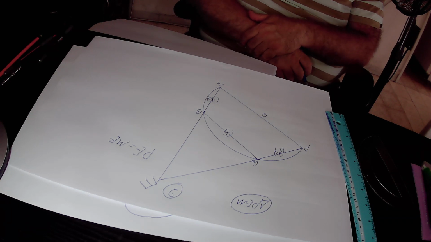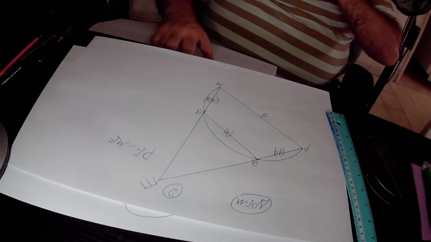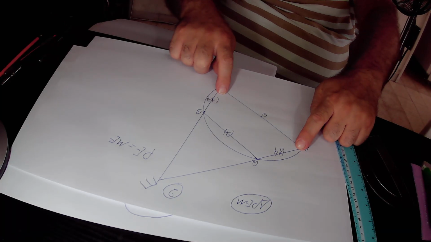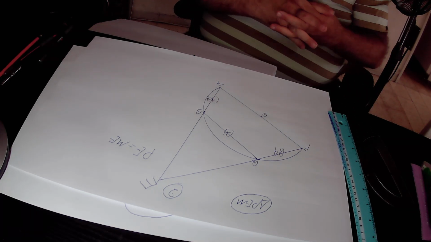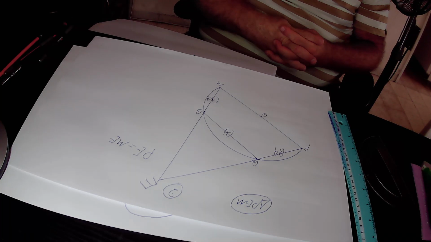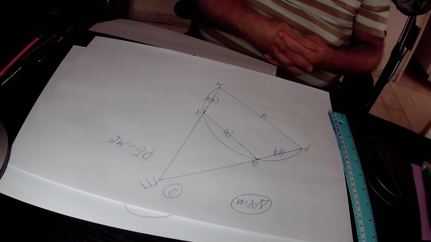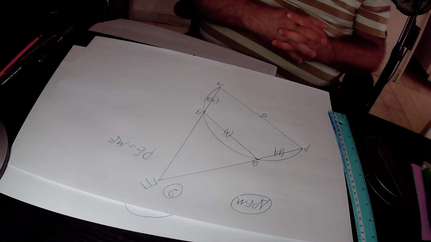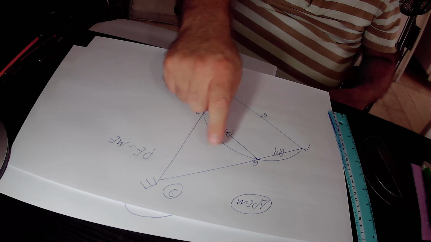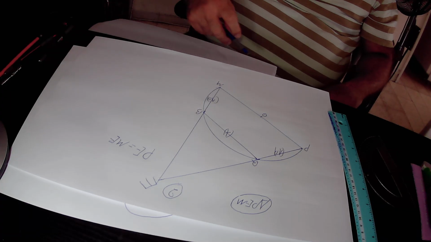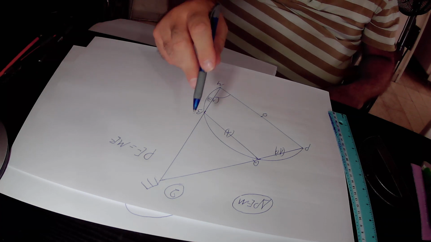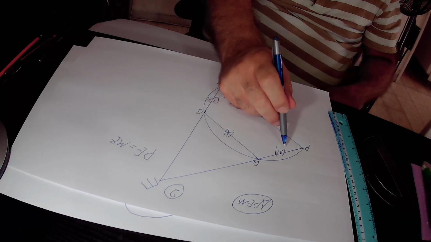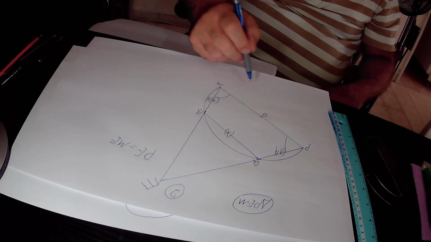We know that those two angles are equal to each other in an isosceles triangle because PM is the base, or we can say also, according to the rule, that in front of equal sides in the triangle, there are equal angles. So in front of this side EP, we have this angle PME, and in front of this side EM, we have this angle, which is angle MPE.